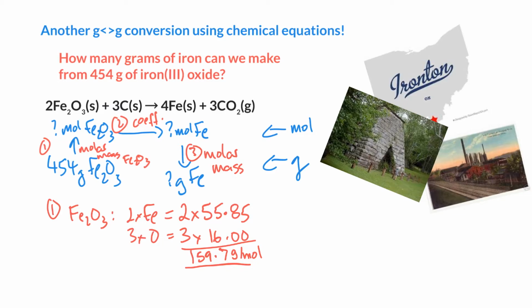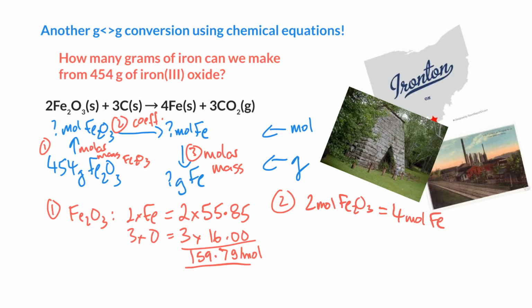Step number 2 is going to involve some fingers. So let's whip out our fingers. So there's iron and iron there, and iron oxide here. So that is 2 to 4. So let's take that ratio. 2 moles of iron(III) oxide begets 4 moles of iron.